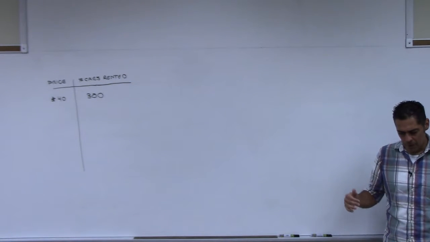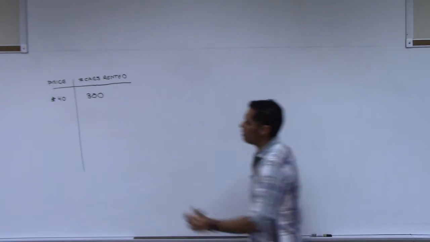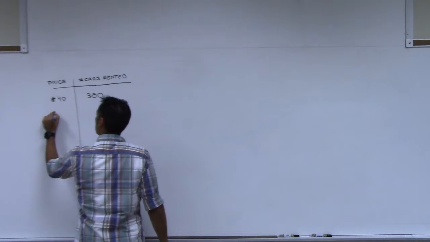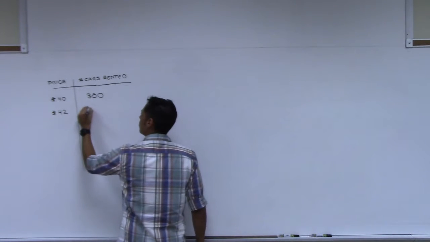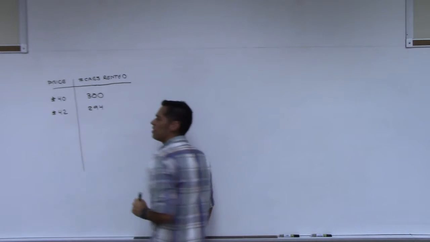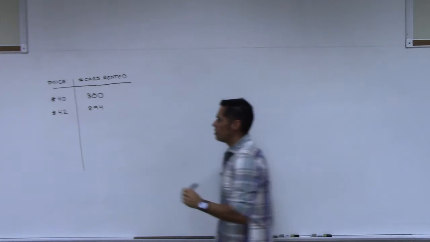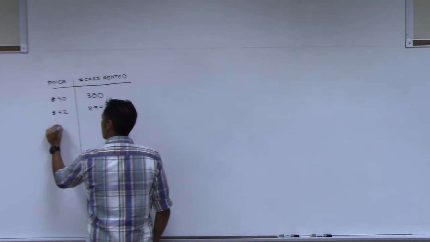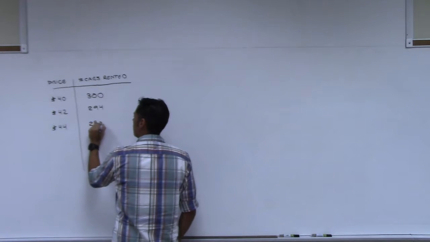You increased the price. I increased the price by, in this case, $2. So at $42, I should expect 294 cars. Six fewer cars, right? And at $44, I should expect 288.